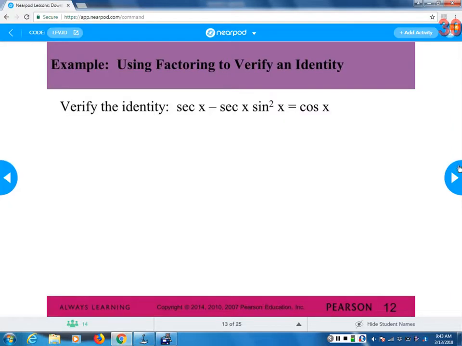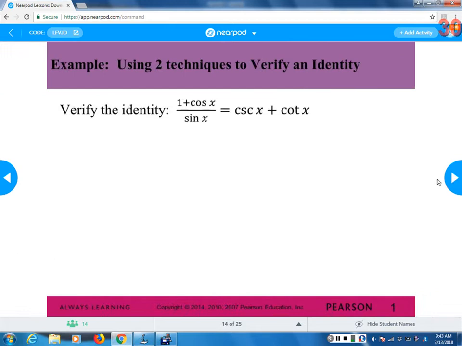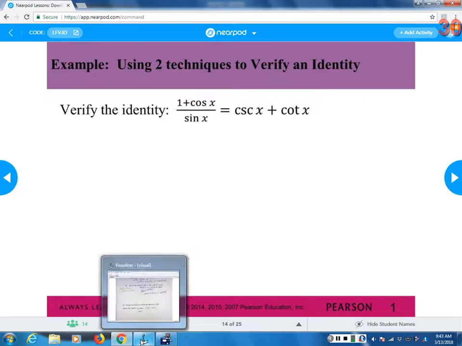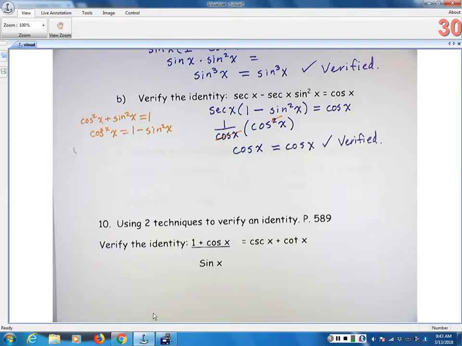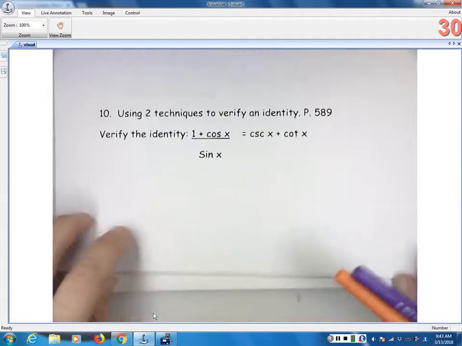All right. There are two techniques to verifying an identity. Okay. All right.